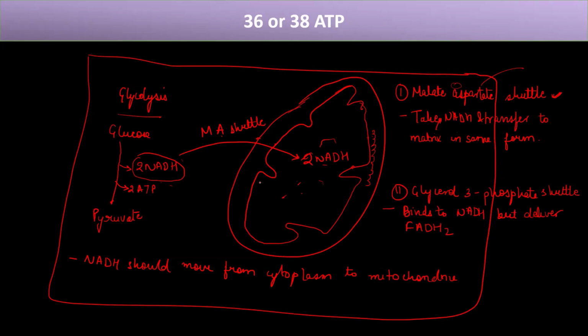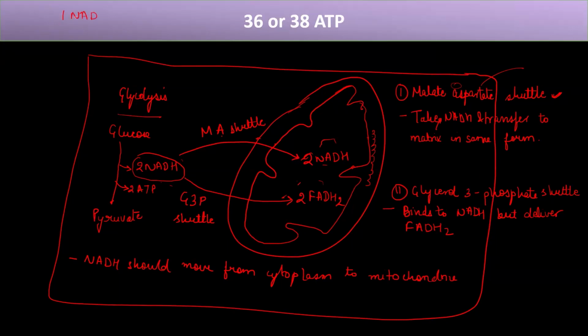So just remember, if the glycerol 3 phosphate shuttle, G3P, gets involved, then instead of NADH, what will reach the mitochondrial matrix? It will be FADH2. Now, we know that from one NADH, a certain number of ATPs can be formed.